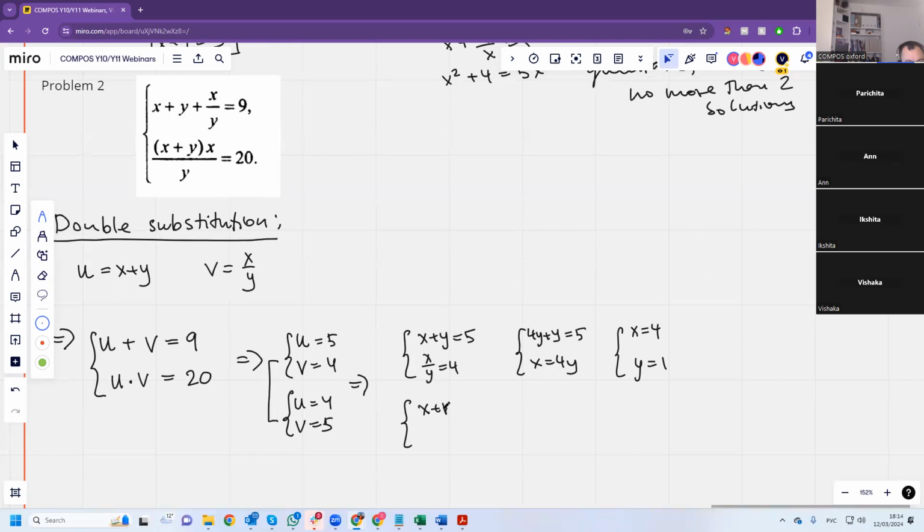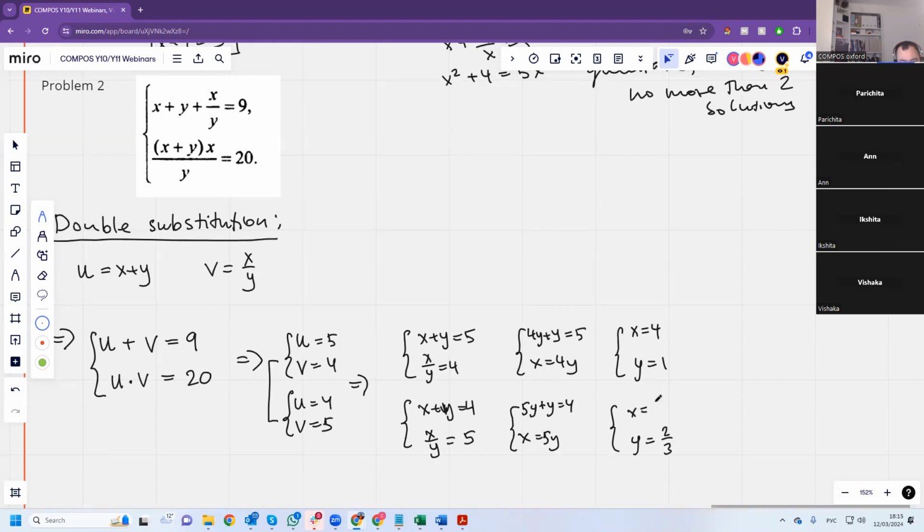X plus Y is 4, X over Y is 5. Why am I saying it's 1? Well, X plus Y is 4, X over Y is 5. That means X is 5Y. So 5Y plus Y is 4. And that means that Y is 4 over 6, that's 2/3.